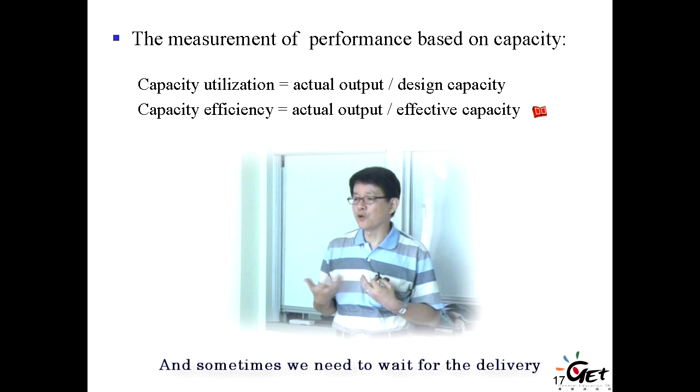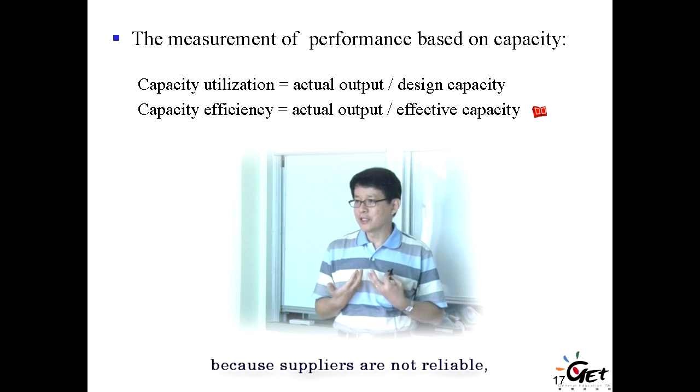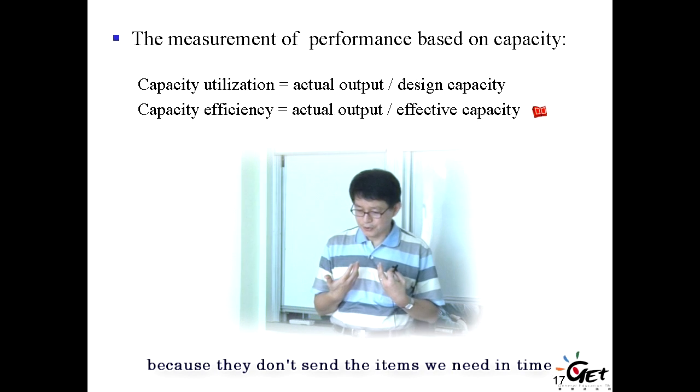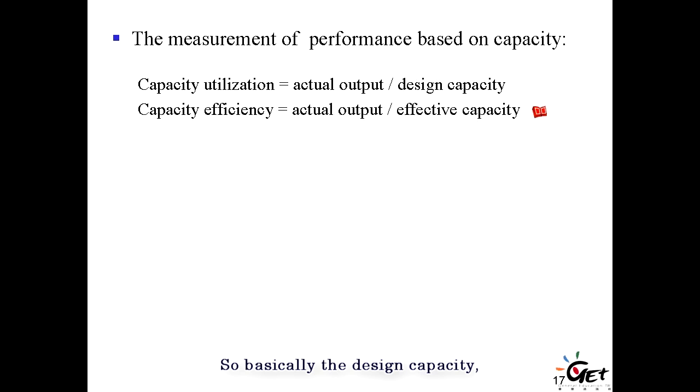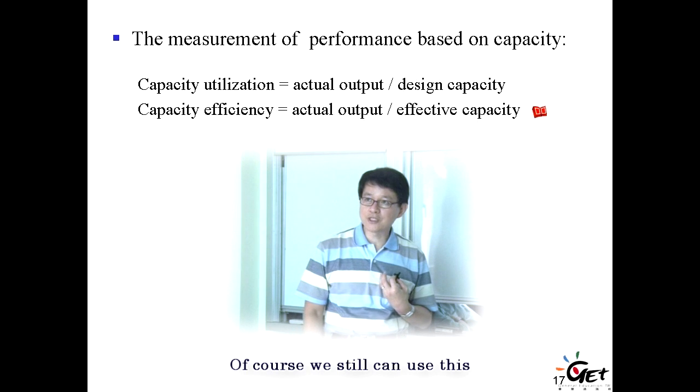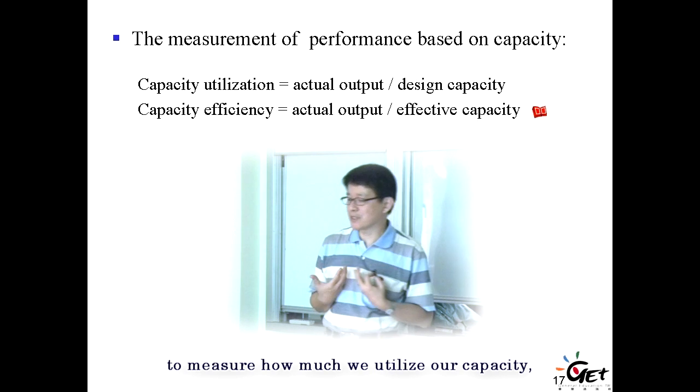And sometimes we need to wait for the delivery from our suppliers because the suppliers are not so reliable; they don't send the items we need in time. So basically the design capacity, it's very difficult for us to reach this level of output, right? Of course, we still can use this to measure how much we utilize our capacity, right?